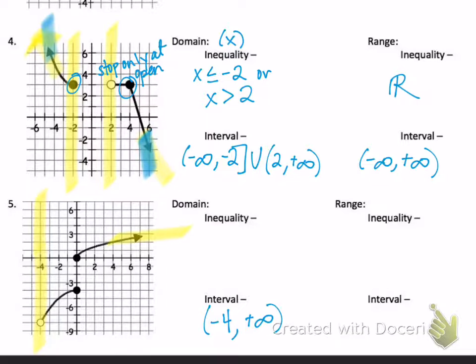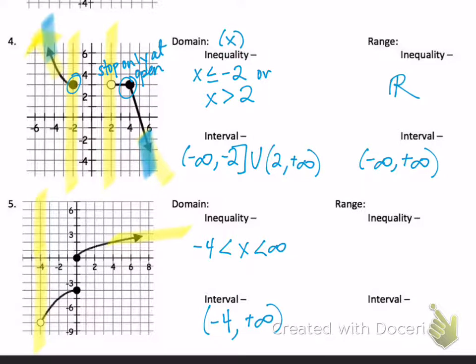If I were to convert this to inequality, an easy way, if you start with interval and you want to go back to inequality, is I put my -4 here, and I put my infinity here, and then I'm going to put my x in the middle. Then you just put your less than or less than or equal to signs. Wait, hold on. The second one wouldn't be less than or equal to, you can never equal infinity.